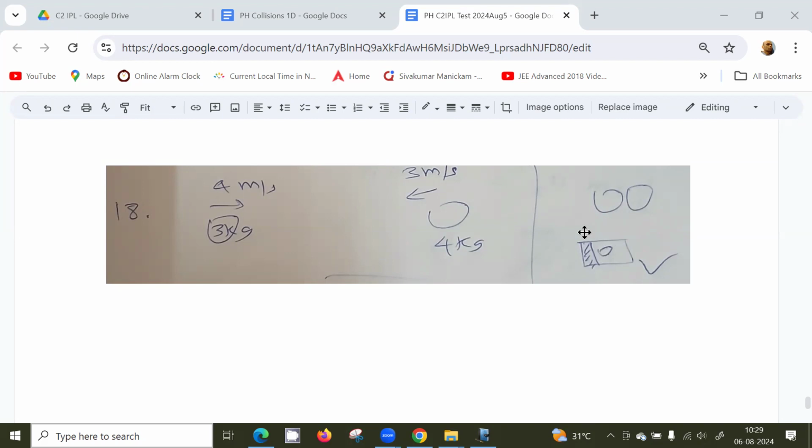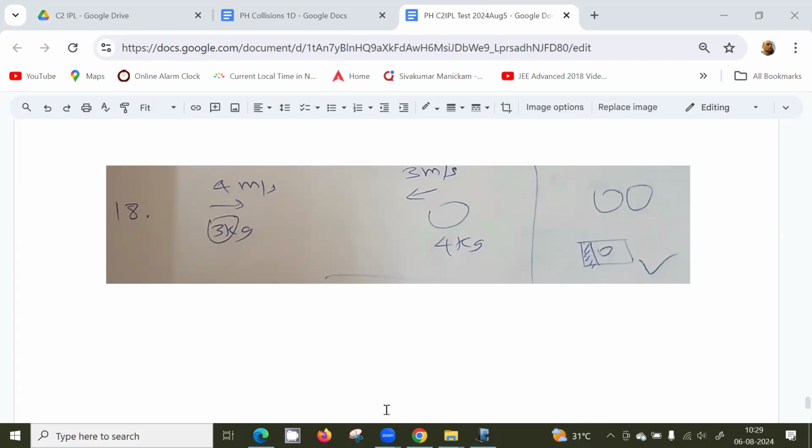And move with a common velocity. The initial momentum of the system is 3 into 4 plus 4 into minus 3, because for velocity I have to give a direction. If right is positive, this velocity is minus 3. So initial momentum is 12 minus 12, which is 0. So initial momentum is 0, so final momentum will also be 0.